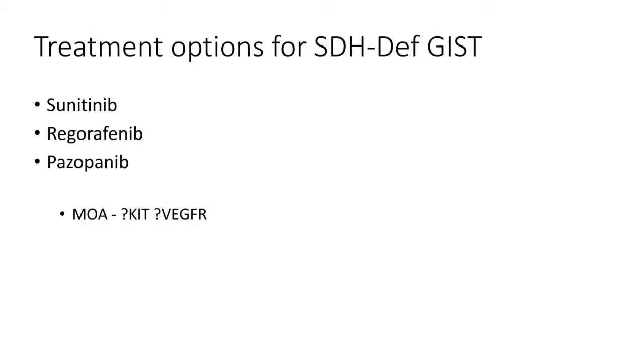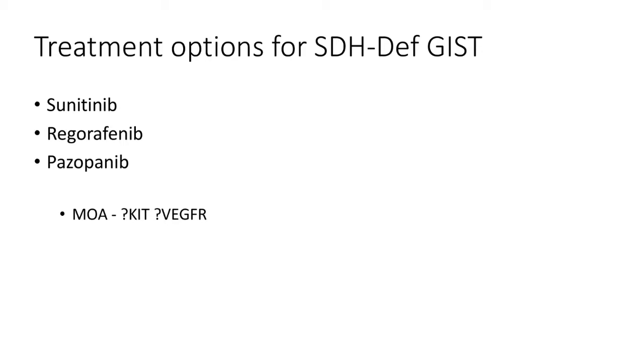Yes, and I agree. What we've learned over time is that the kinase inhibitors approved for GIST beyond imatinib, so sunitinib and regorafenib, and also pazopanib, which is not approved but has been used in phase 2 trials both in the US and in Europe, clearly have activity against SDH-deficient GIST.